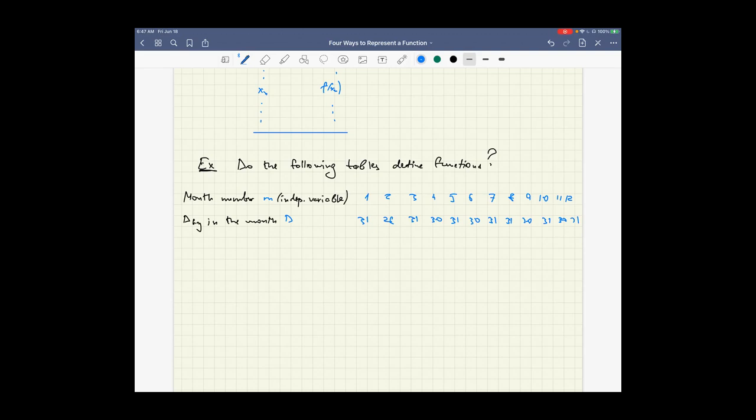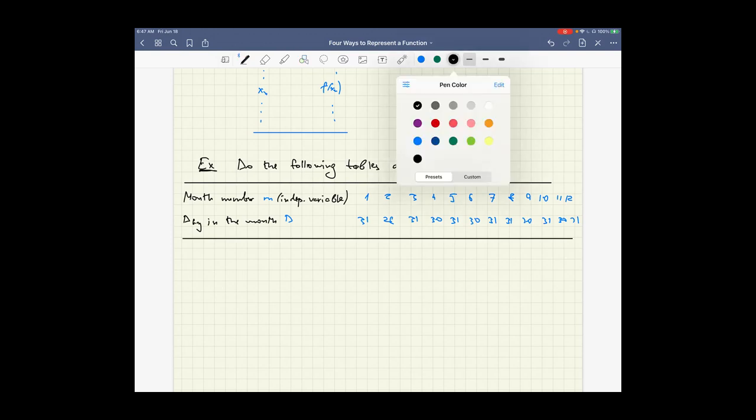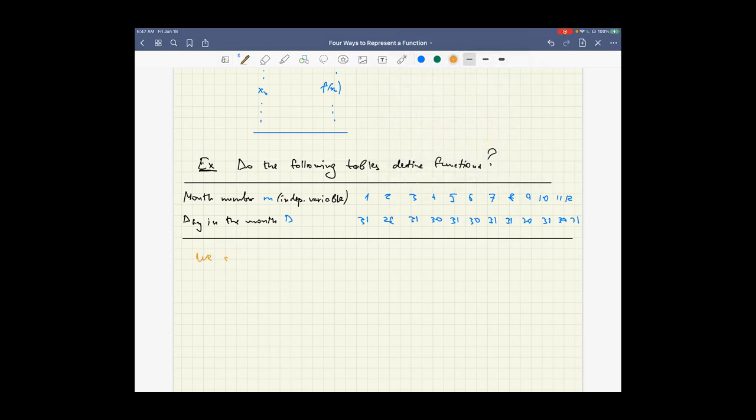And we can easily see that this is indeed a table that defines D as a function of M. That is because for every value of M, we have one and only one value of D.